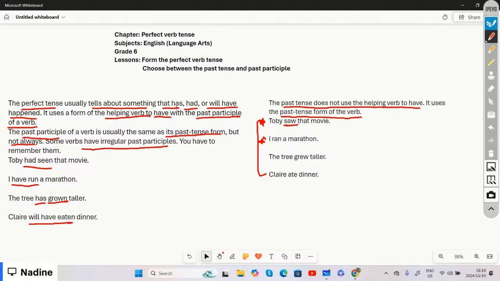And if we were to select our past tense form of the verb, then we would say, I ran a marathon. So, ran is the action that they did.